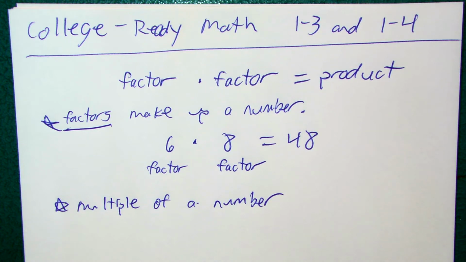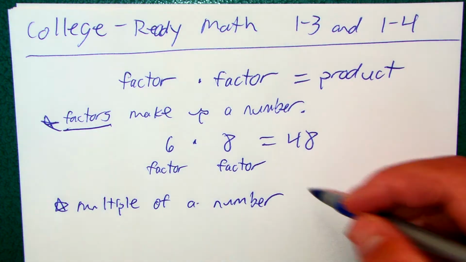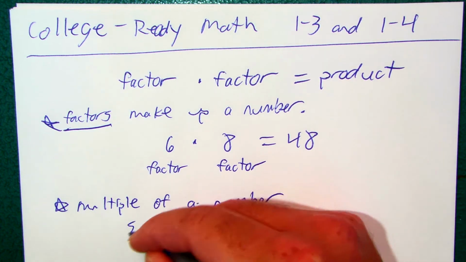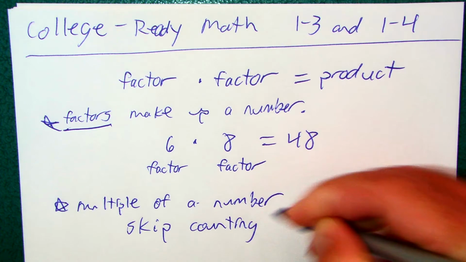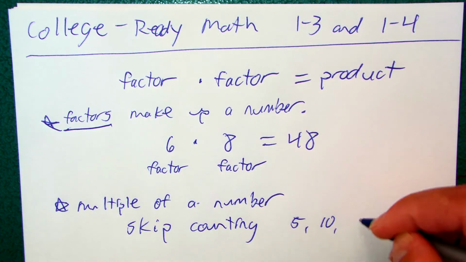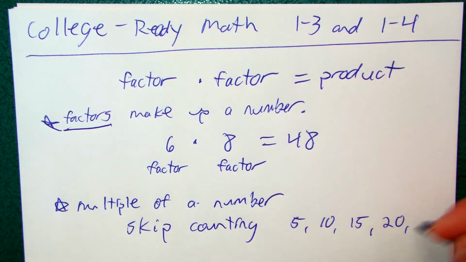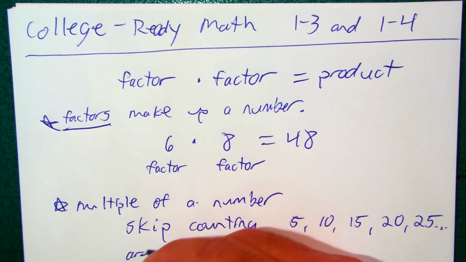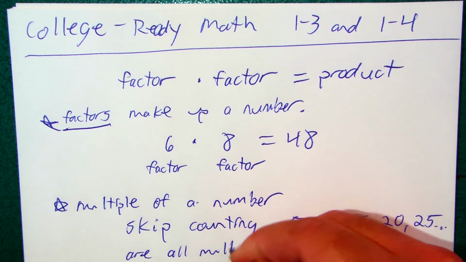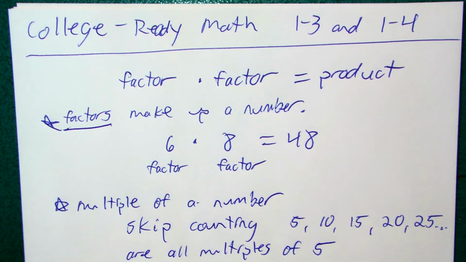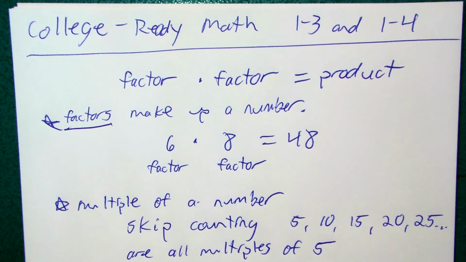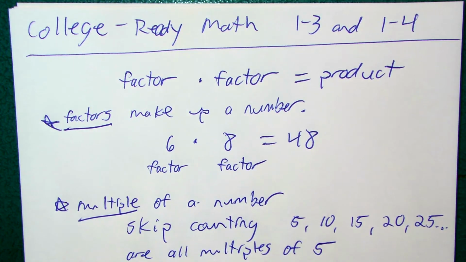So a multiple of a number, again, think skip counting. So factors are your pieces of a number, multiples are your products of numbers.